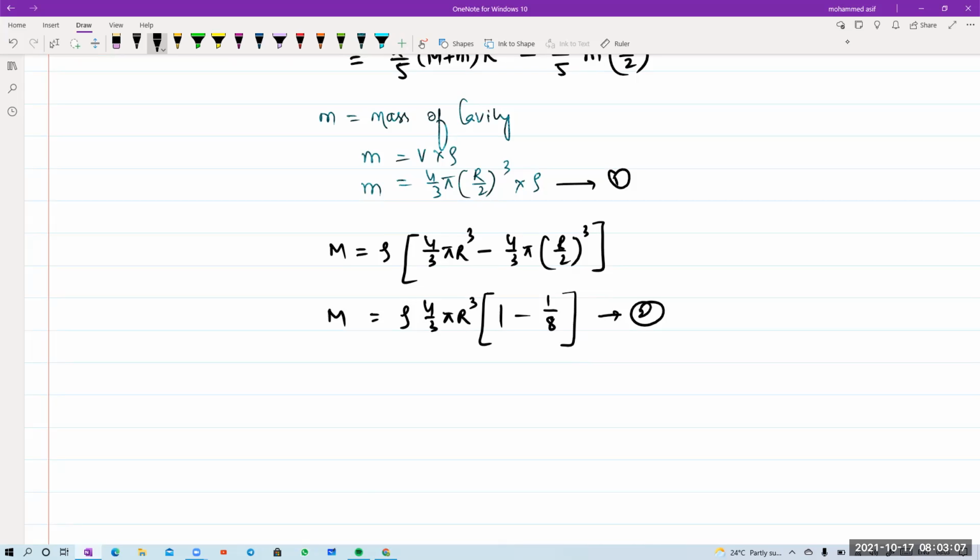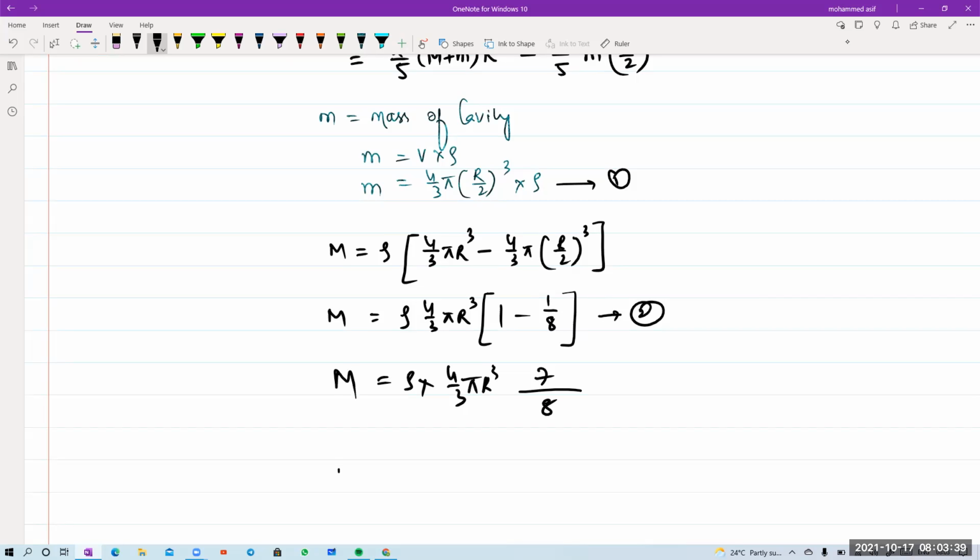So small m by capital M. See how much I'm getting, beta? This will be rho into 4 by 3 pi into r cube. LCM is 8, 7 by 8.